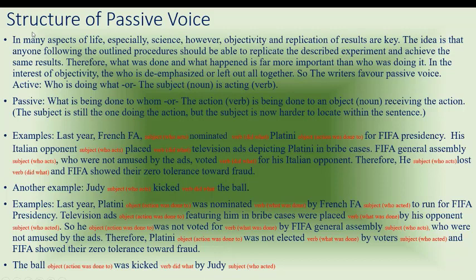So we see here the structure of passive voice is putting the object in the place of the subject, then verb to be, past participle, and then the original subject as the complement. The subject usually comes after the word by.